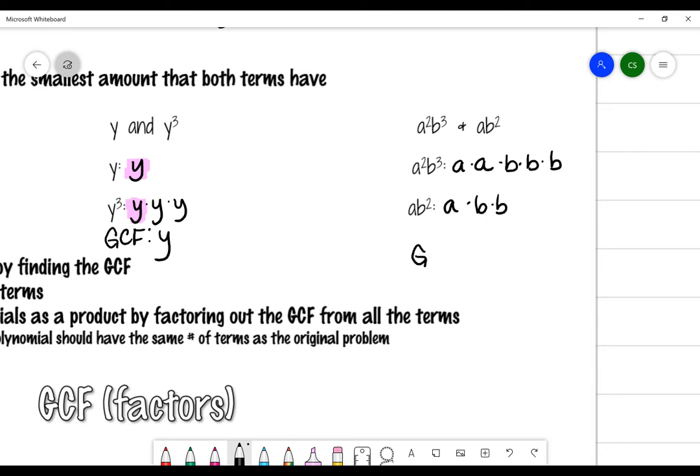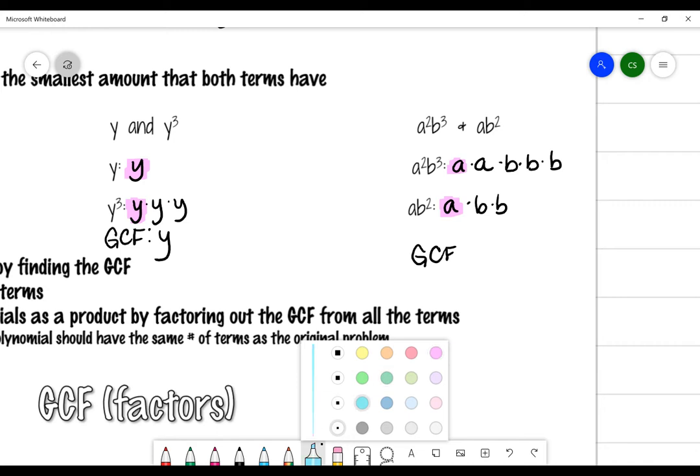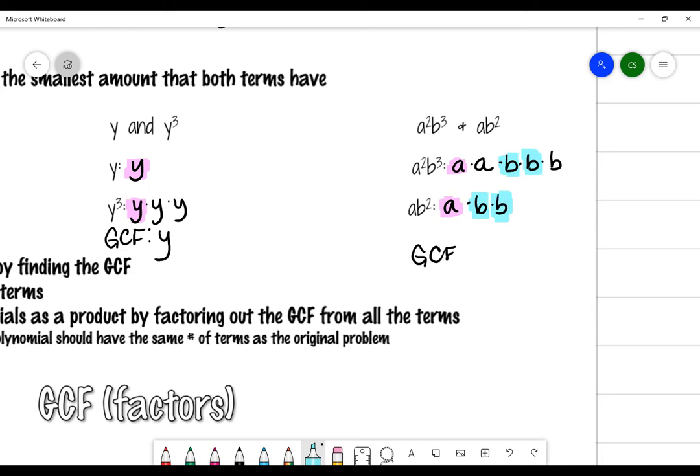Now, I'm trying to find the greatest common factor of those two terms. So what do they share? Well, they don't share any more a's. Well, what about b's? They share 2 b's. So the greatest common factor between a squared b cubed plus a b squared is 1 a and 2 b's.